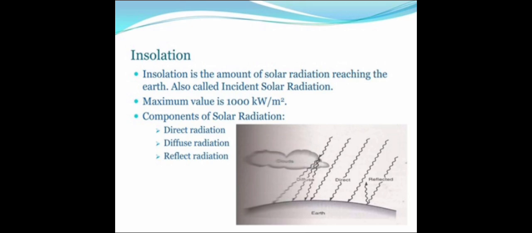Total radiation is the sum of beam radiation and diffuse radiation. Total radiation is given by diffuse radiation plus beam radiation.